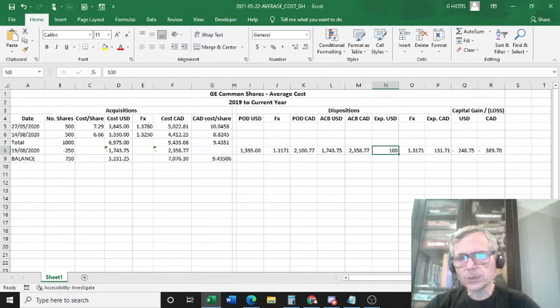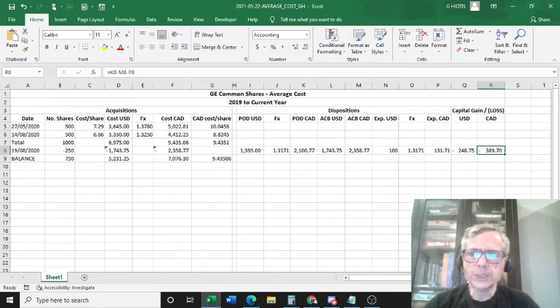I incurred $100 in commissions, and at the time of the sale, my exchange rate was $1.3171. So that actually adds up to $131.71 Canadian. So my loss in Canadian dollars is $389.70, not $248.75 in US dollars, because we cannot report US dollars on the Canadian return.